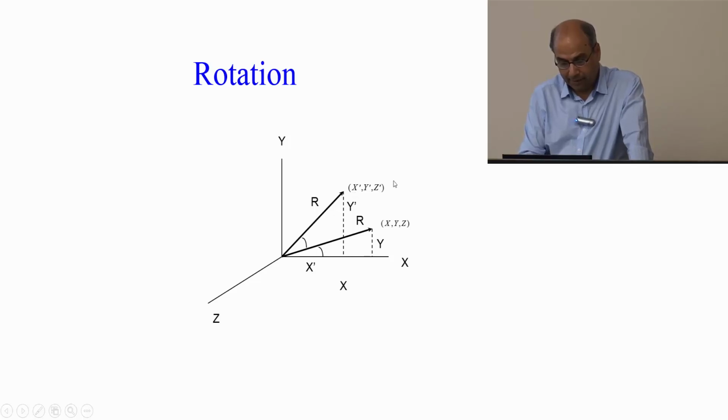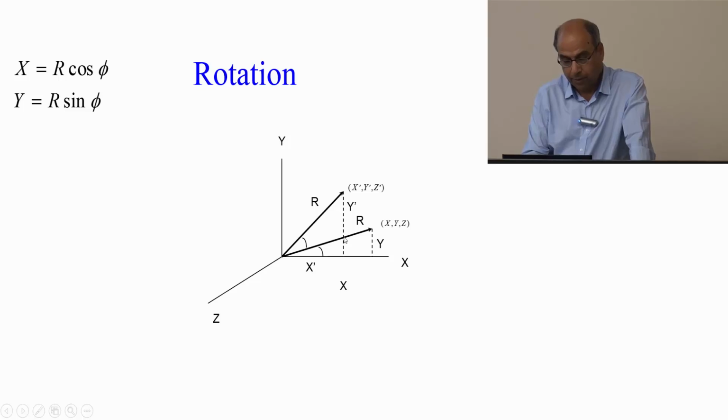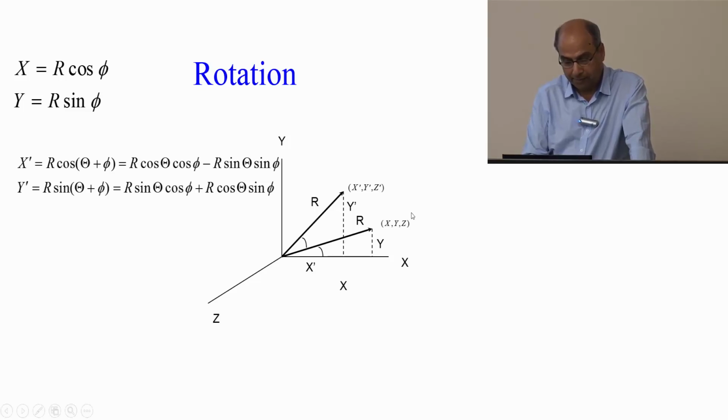Looking at this triangle and this triangle, we have gone through this before. Then you can find the new coordinate x prime in terms of r, and this is theta, and this original angle is phi, so x prime will be r cosine of theta plus phi, and similarly the y coordinate will be r sine of theta plus phi.